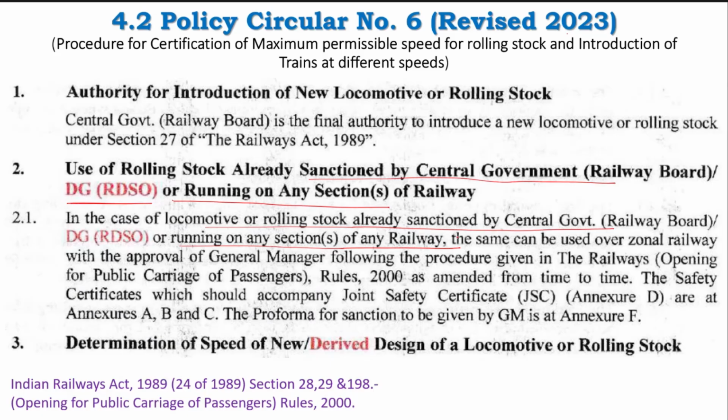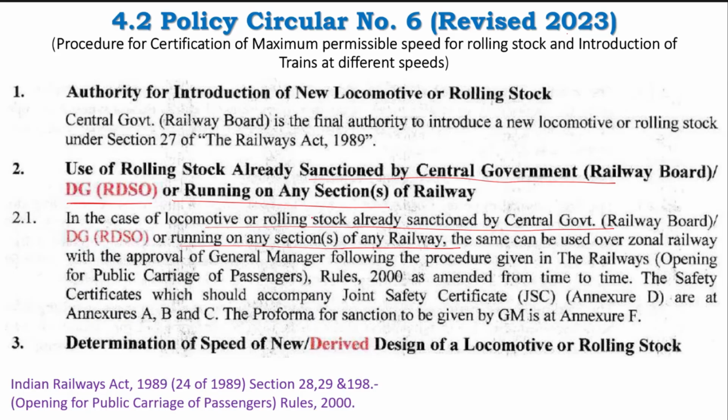They also introduced a new term, the new and derived locomotive. New design means a newly built chassis, and derived locomotives are those with further improvements. It is very detailed. Mainly I am covering the clearing of bridges.